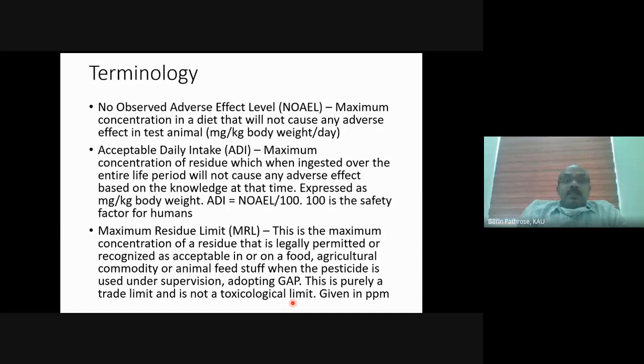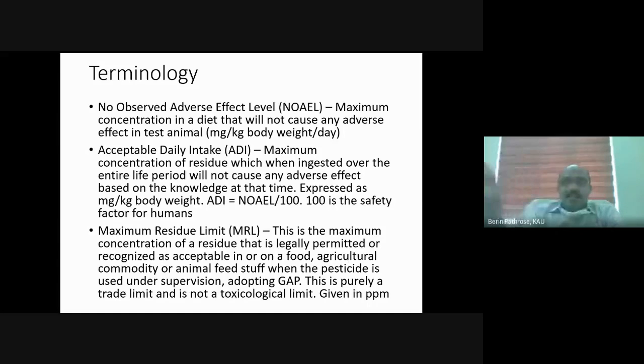Okay. The first is No Observed Adverse Effect Level, NOAEL. So consider Abhishek has discovered a new pesticide molecule and wants to check its toxicity. Once you have discovered a new pesticide molecule, the first thing you have to do is go for its toxicological assay, whether it is toxic to other organisms.